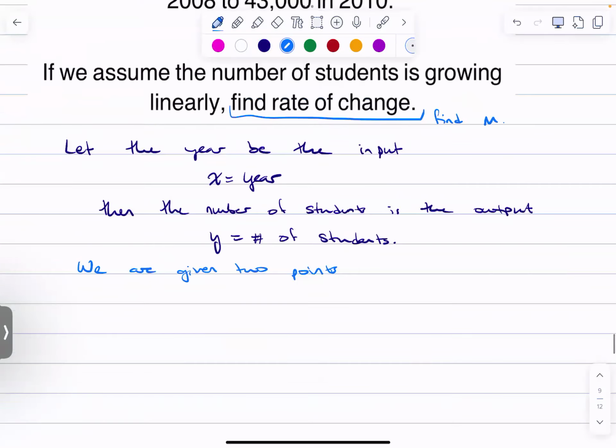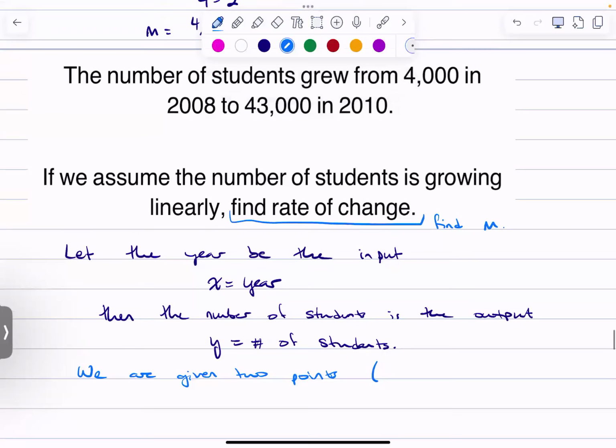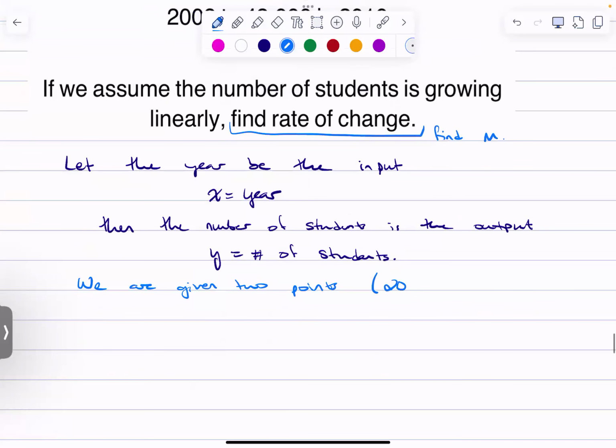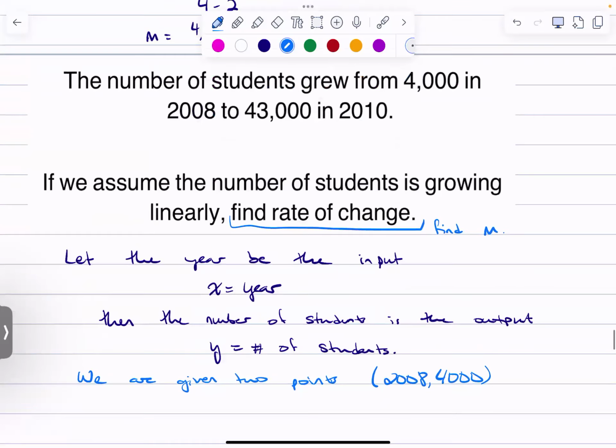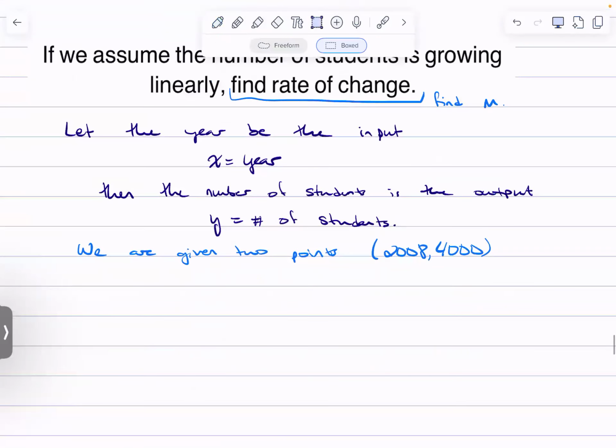So we're given 2 points. X is the input, so in the year 2008, the output was 4,000 students. And our second point, when the year was 2010, the output is 43,000.